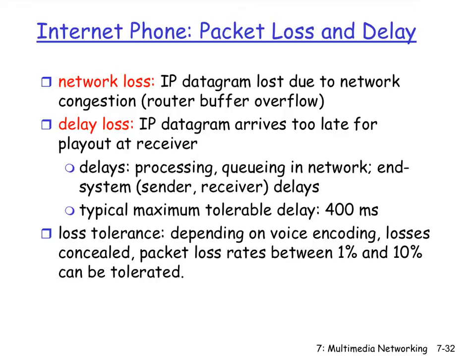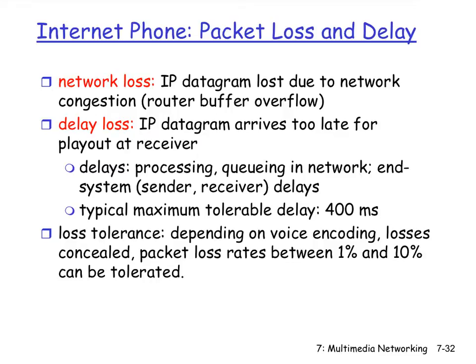So this loss tolerance depends on multiple factors. One of them is the type of encoding that you use for the audio. Because, of course, depending on the encoding, you can send less data or more data, less audio chunks or more audio chunks. And if it's less audio chunks, then the probability of having a large jitter will decrease.